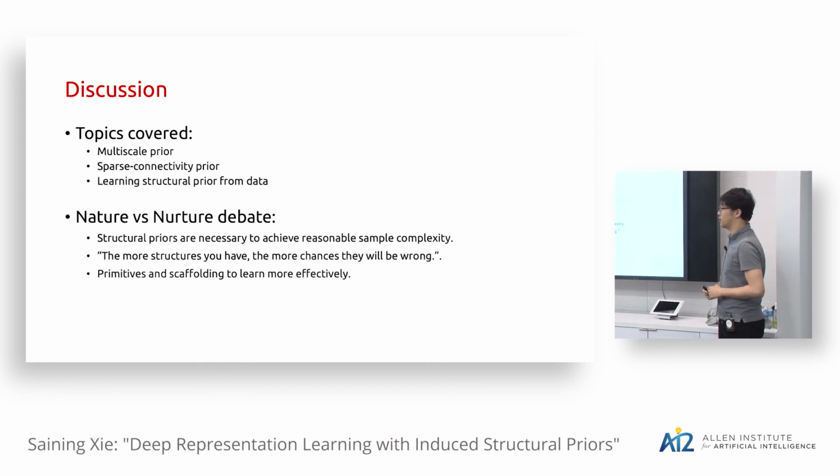Structural priors, we all know they are necessary to achieve reasonable sample efficiency in basically every machine learning system nowadays, right? But it's also true that the more structure you have, the more chances it will be wrong. So we do not want that much structure.